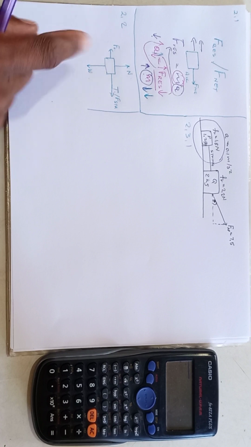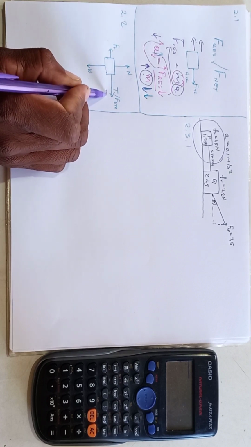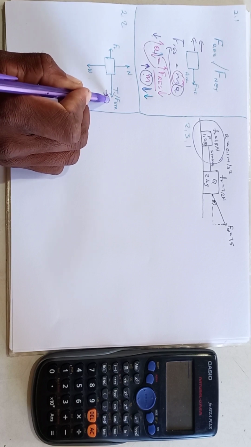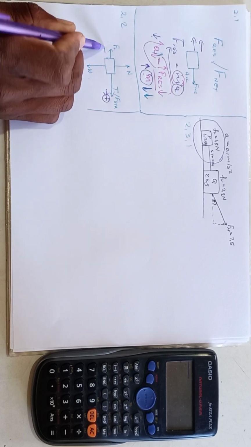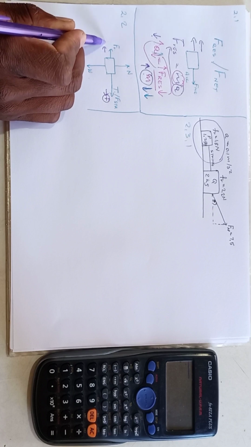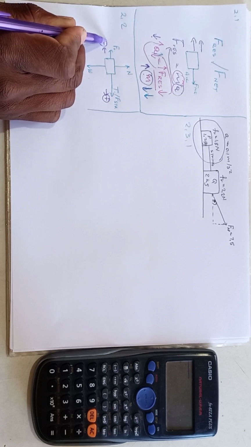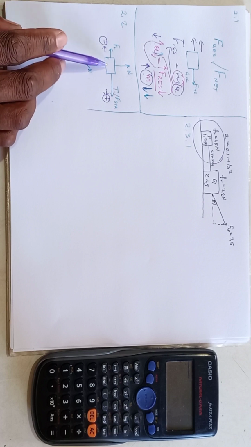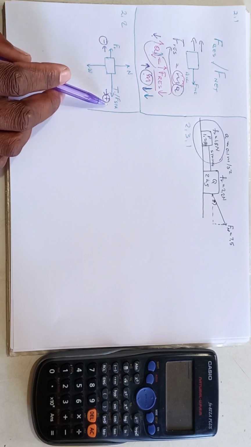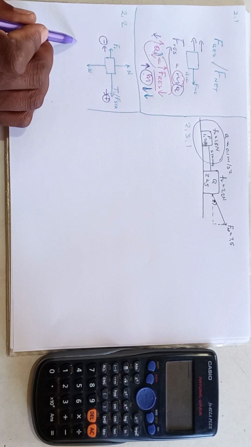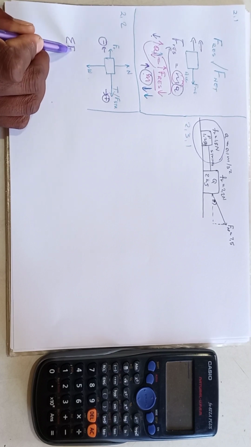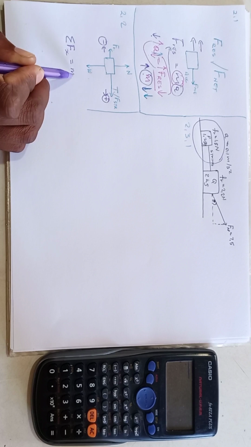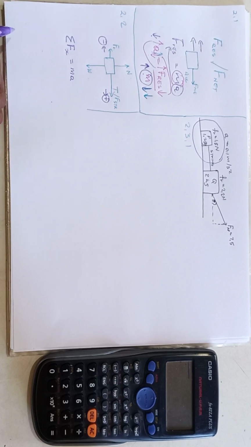The tension force is to the right, so it's positive. The friction force is to the left, so it's negative. We must remember that since this object is moving horizontally, the sum of the forces in our horizontal direction is equal to MA.